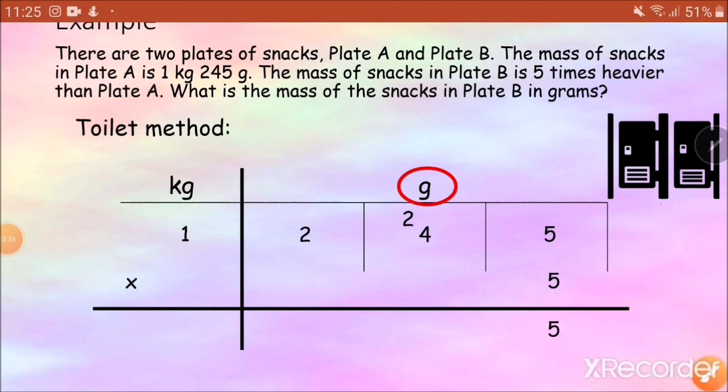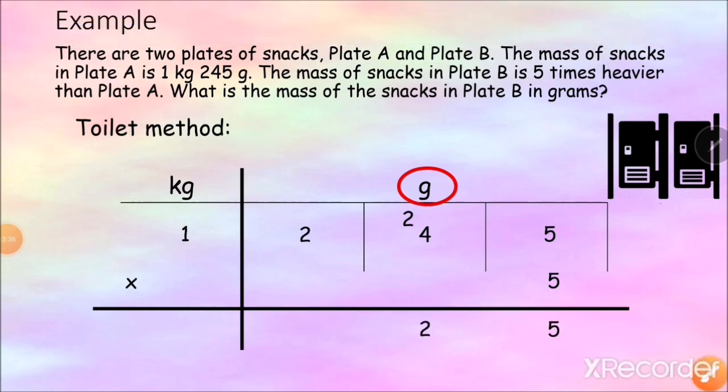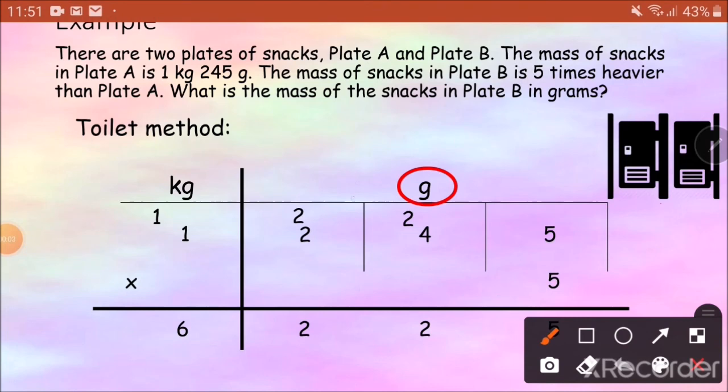Next, 5 times 4 is 20 plus 2 is 22. Bring the 2 up. 5 times 2 is 10 plus 2 is 12. And then 5 times 1 is 5 plus 1 is 6. So our final answer is 6,225 grams.